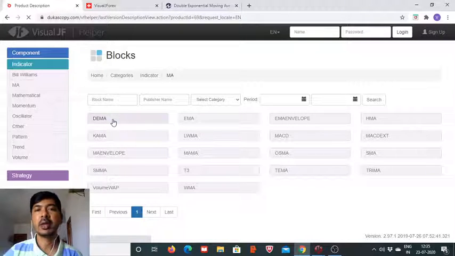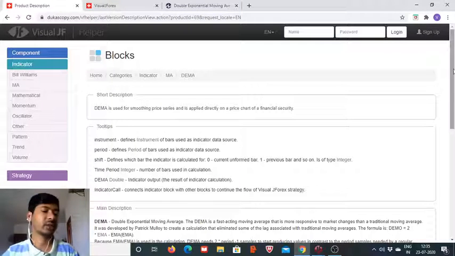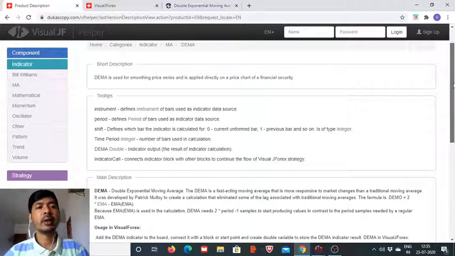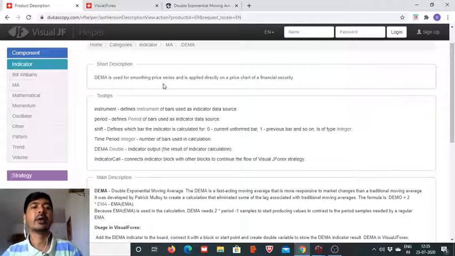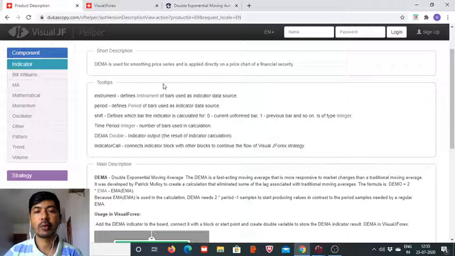We will try to see how it is calculated and what its function is, and how it can be used to help guide us in our trading decisions. Basically, it is a smoother exponential moving average, as here we have to take into account the exponential moving average and do calculations on that.